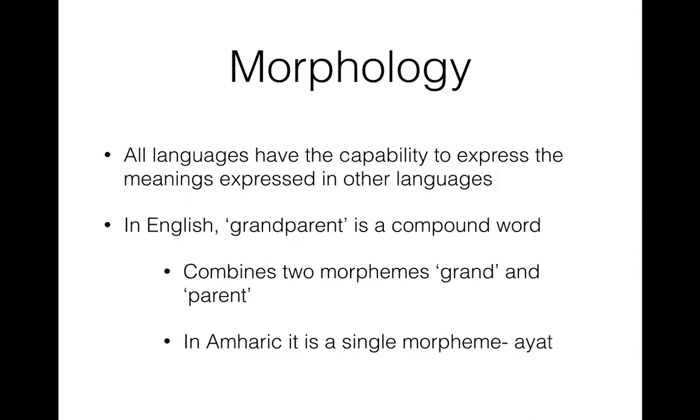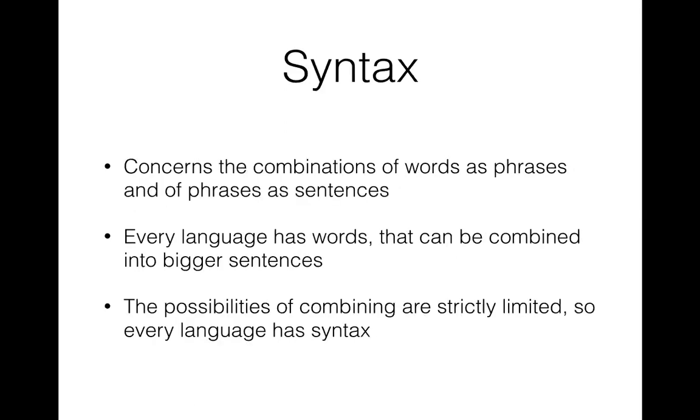But in Amharic, a Bantu language spoken in Ethiopia, the word for grandparent is only a single word, ayat, right? A lot of languages actually have that. Words can be single morphemes or complex, like combinations of two different morphemes or more.